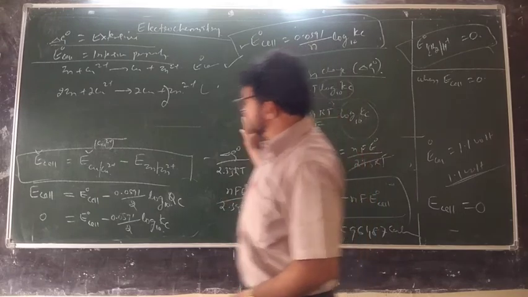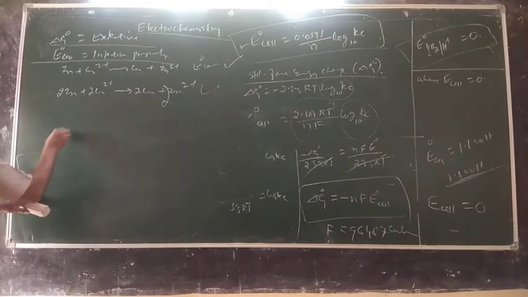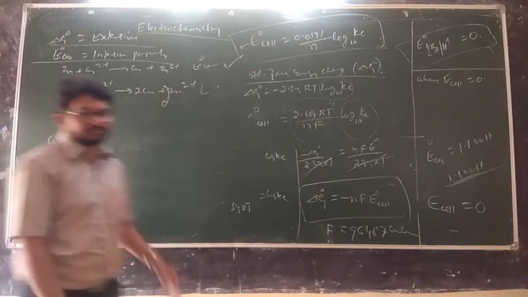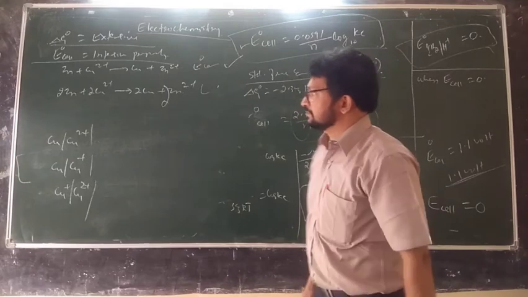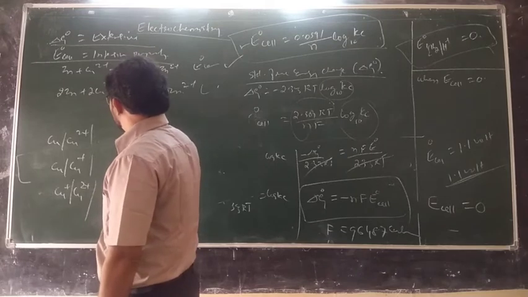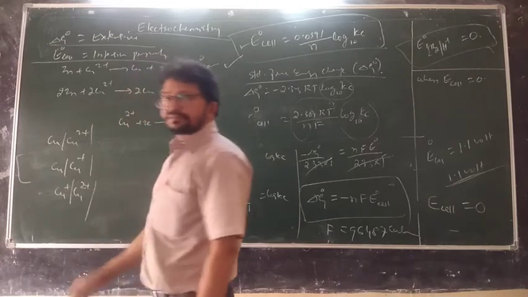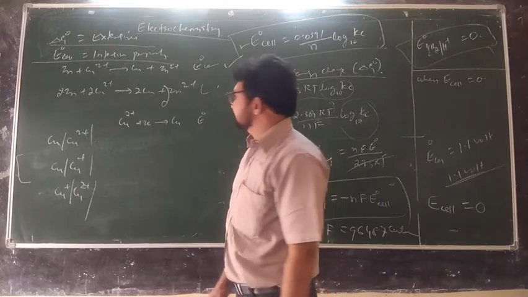So that is why, suppose a reaction is given like this, say for example, Cu2+ to Cu+, Cu+ to Cu, and Cu2+ to Cu. These are three different electrodes. How to equate one with another? Cu2+ plus 2 electrons gives Cu, and you can write its E naught electrode potential.